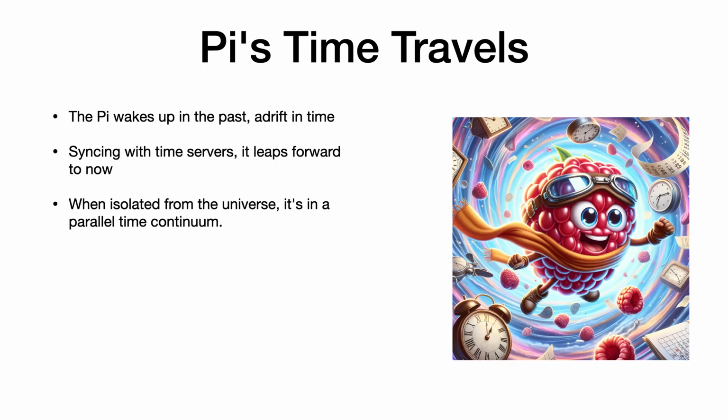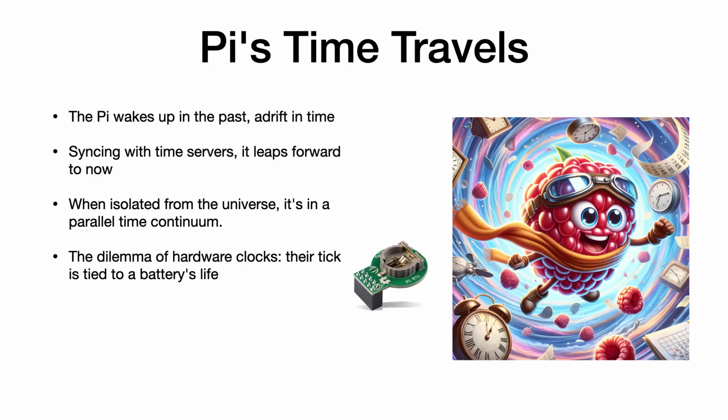But what happens when it's isolated? If it does not have access to network time servers, it'll remain stuck at the wrong date and time in the past. So obviously, you're going to say, Bruno, it's easy. Add a hardware clock. Right, we tried that. The problem with hardware clocks is they have a battery.